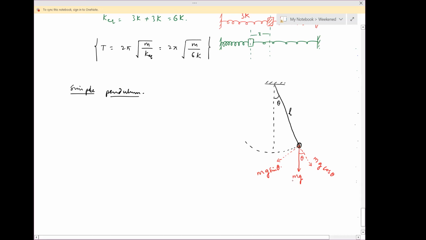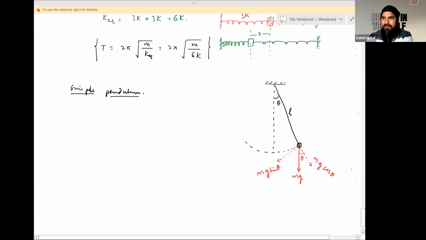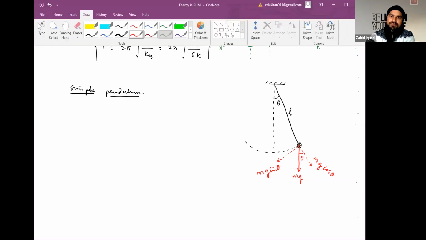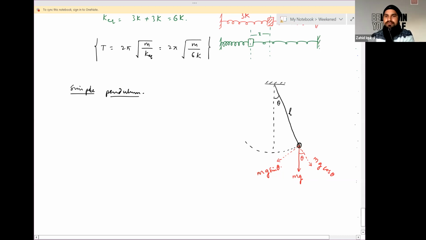I've just resolved the component of mg into two different parts according to its theta. Okay. Now, which of these two forces will be responsible to move this bob towards mean position? Mg cos theta or mg sin theta? This is mean position.